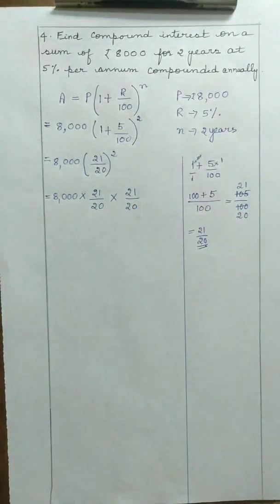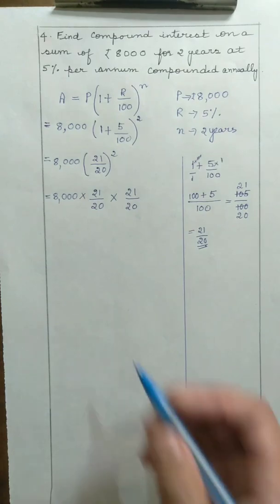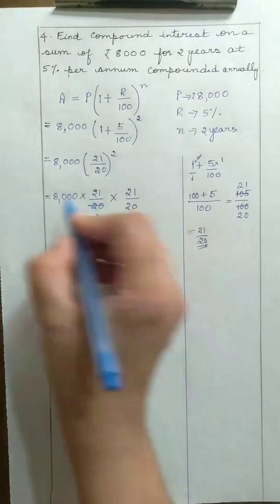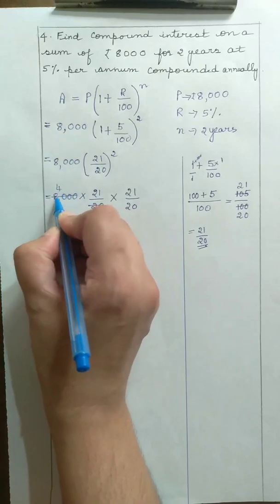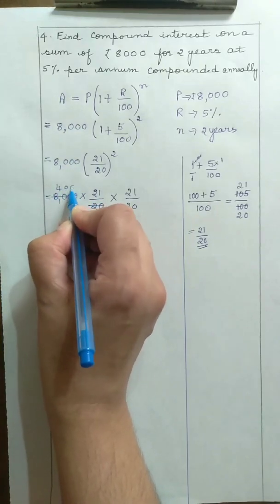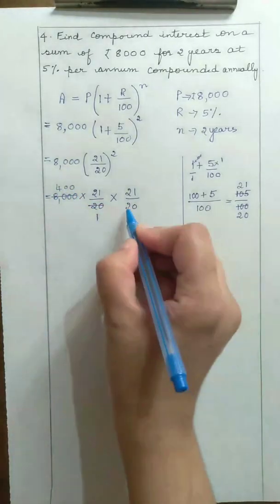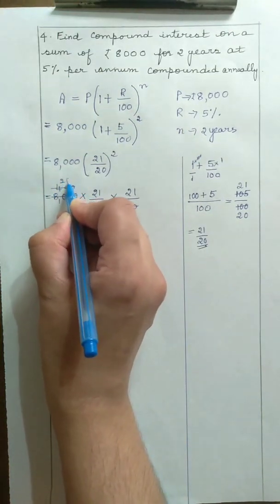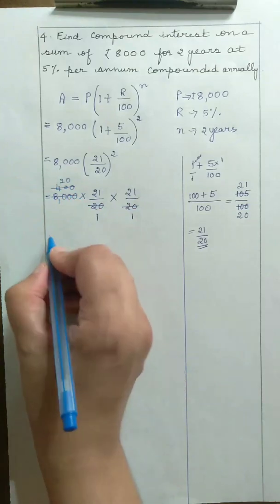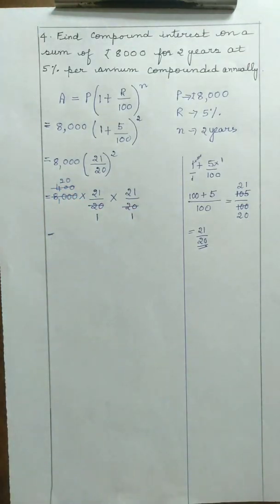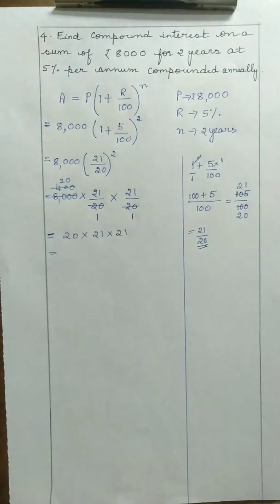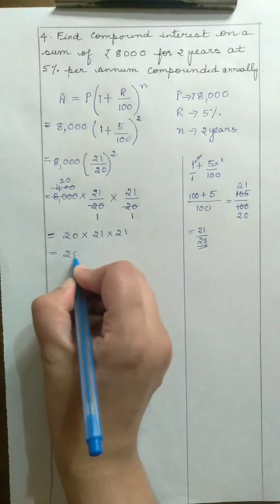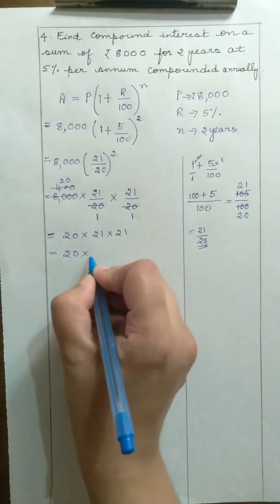In the next step, 20 ones are 20, 20 twos are 40. Therefore, we have 20 into 21 into 21, which will be 441.